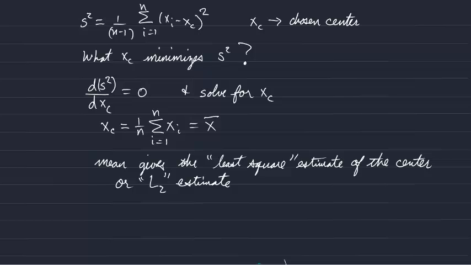So now let's ask the question, what is xc that minimizes the mean absolute deviation?